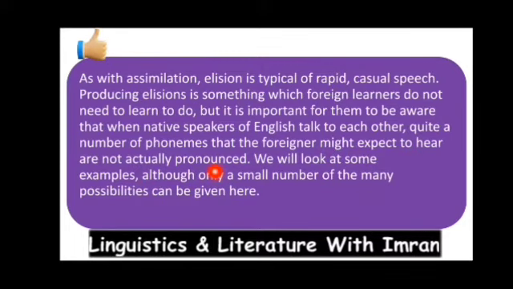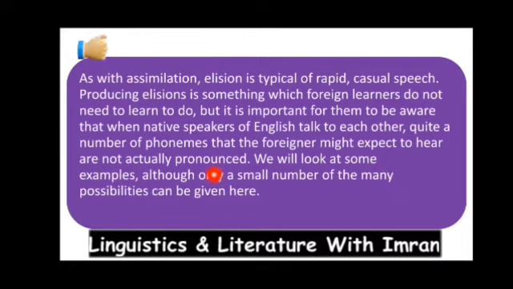As a foreign speaker of a language, for example, we are foreigners, right? So we expect to hear some sounds, but they are not pronounced. Like it's written here, what the foreigner might expect to hear is not actually pronounced.